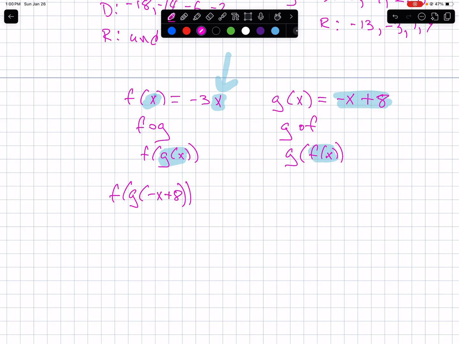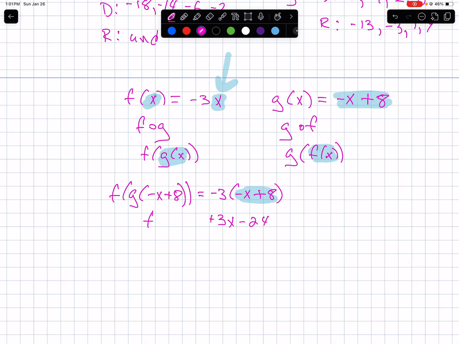So negative 3 times negative x plus 8 equals 3 times negative x plus 8. So then all you got to do is take this and distribute in there, and you're done. So 3x minus 24. And that's the answer.